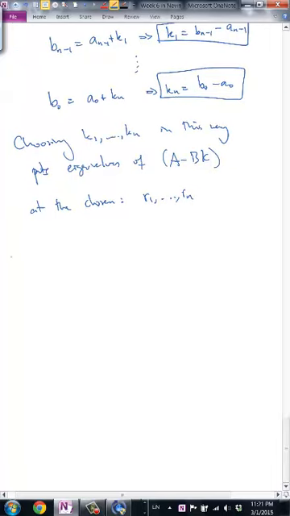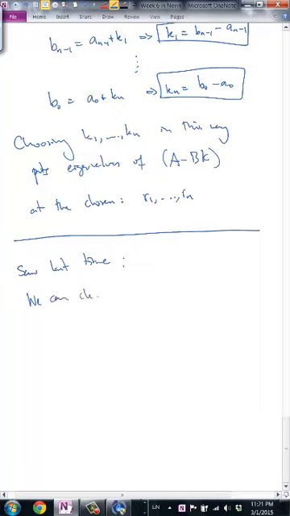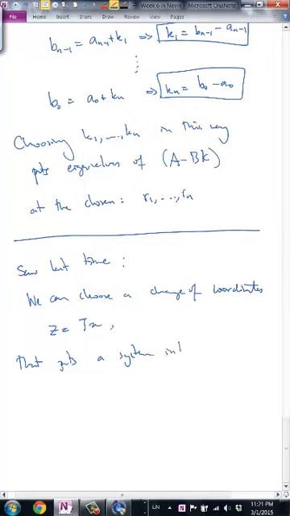So what we saw last time is that we can choose a change of coordinates, z equals Tx, that puts a system into reachable canonical form exactly when that matrix R, the reachability matrix that we saw from question 1 above, has full rank.